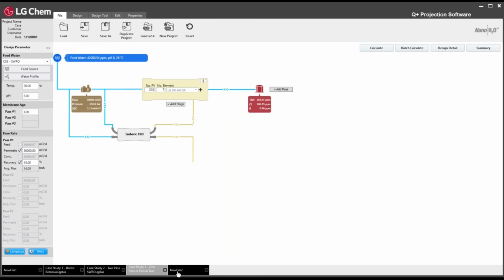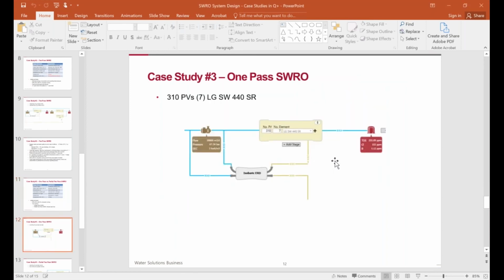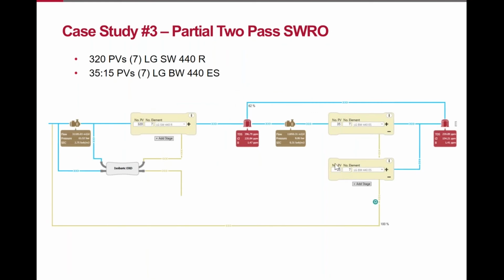So let me go back to our PowerPoint. This is approximately the designs that we came up with for our single pass SWRO and also for our partial two pass, right?